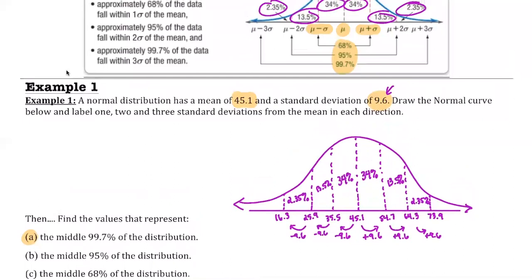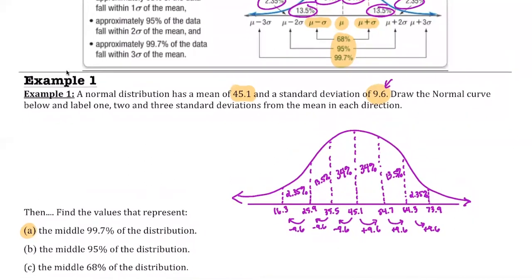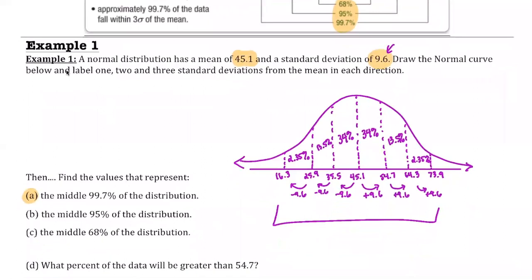If I'm asking you for the middle 99.7%, we're looking at what's between the third iterations, the ending values. So we would say we're between our first value, which is about 16.3, and the upper level of that curve, which was 73.9.